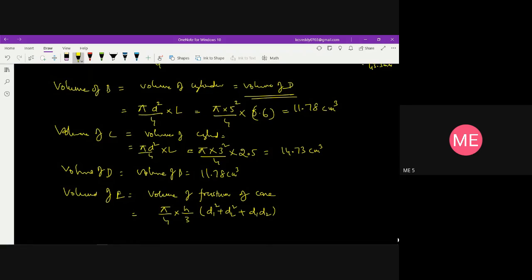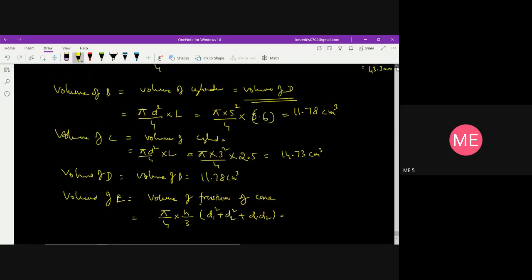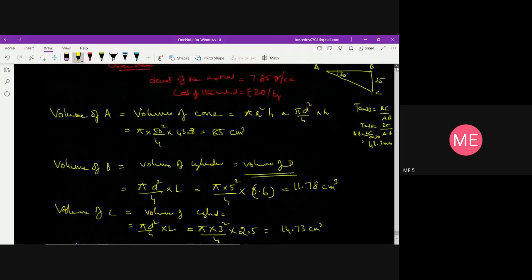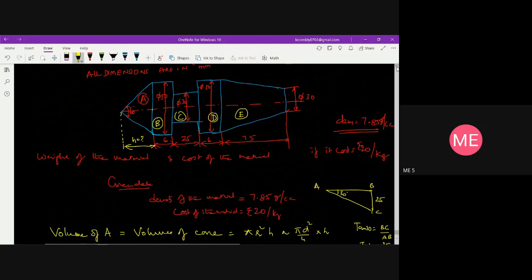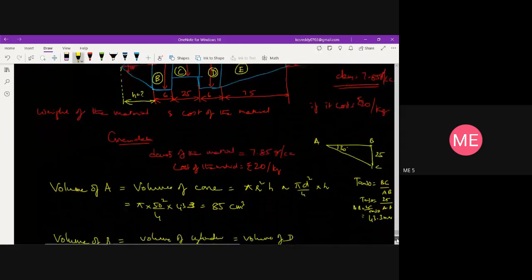Now the major diameter, if you look at the component, is given as 50 mm, and the minor diameter is 30, and length is 75. So I'll take it as 5 centimeter, 3 centimeter, and length is 7.5 centimeters.